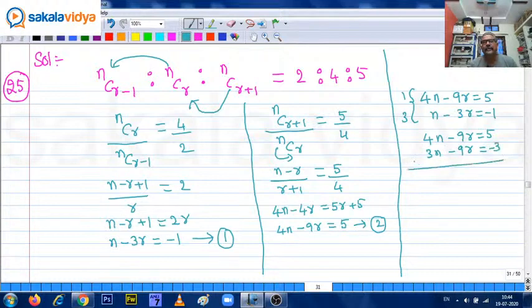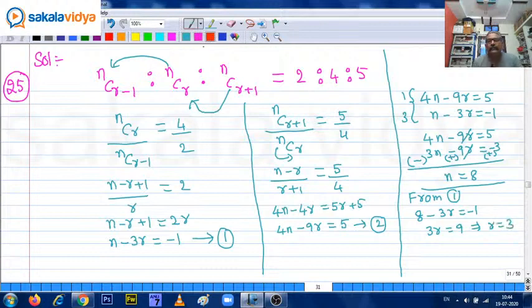Now subtraction takes place. 9r and 9r cancel. n equals 8. As we have determined the value of n, we can find the r value from any one of the equations. So from 1, substituting n equal to 8, you get 8 minus 3r equal to minus 1. Obviously 3r equals 9, r is 3.